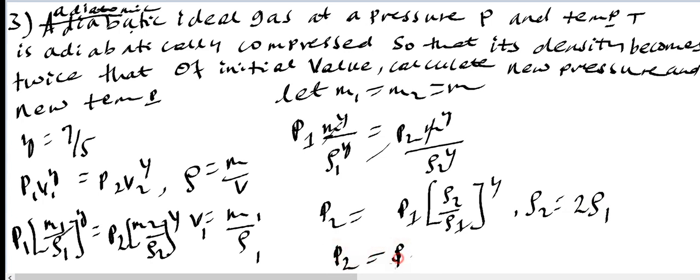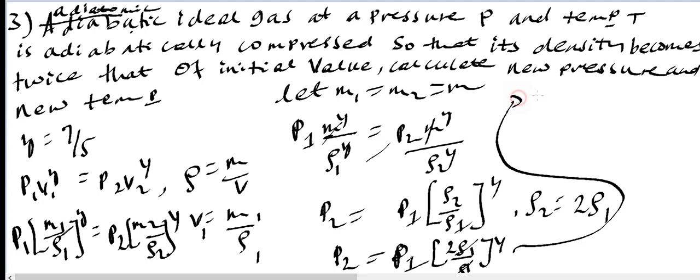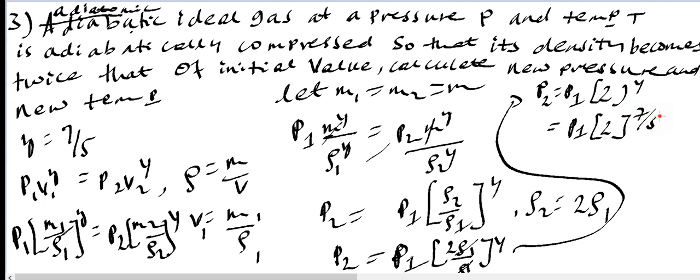Therefore P2 equals pressure 1 into 2 density 1 over density 1 to the power of gamma. Density 1 by density 1 cancels, leaving P2 equals P1 into 2 to the power of gamma, which is 2 to the power of 7 over 5.